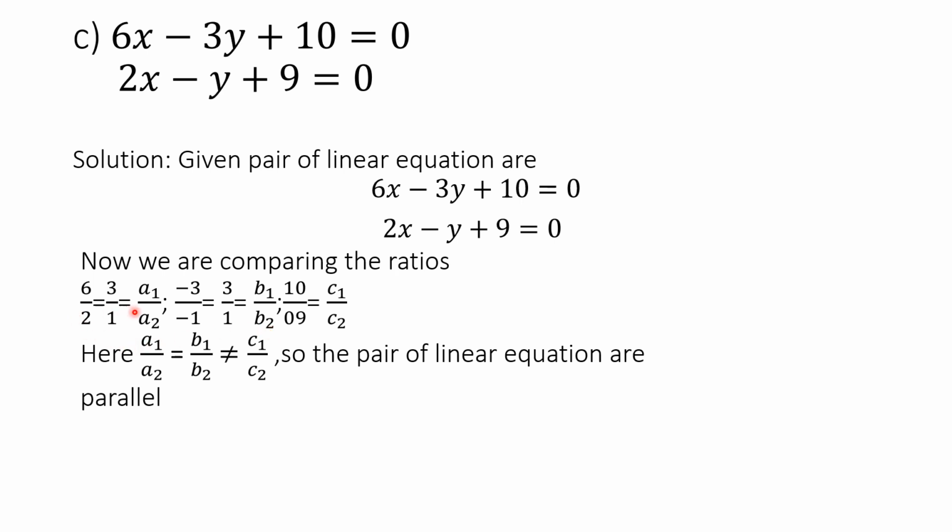Because a1 by a2 is equal to b1 by b2, we are checking the last ratio, c1 by c2, whether it is equal to a1 by a2 and b1 by b2 or not. Here c1 is 10 and c2 is 9, so I am writing c1 by c2 as 10 by 9.